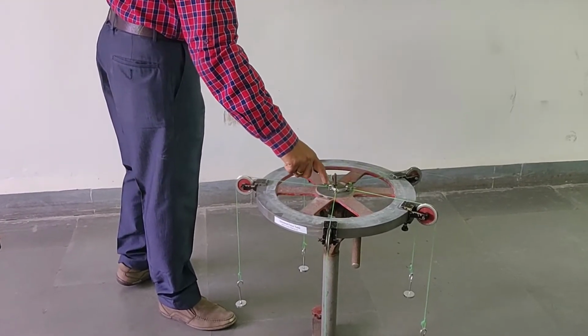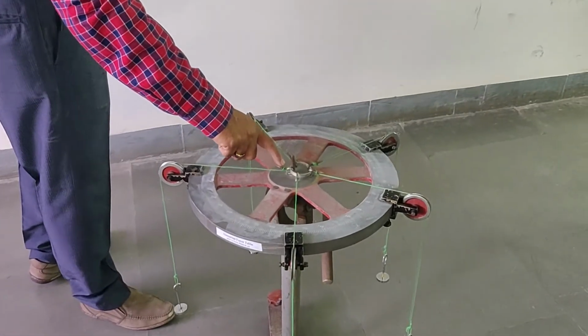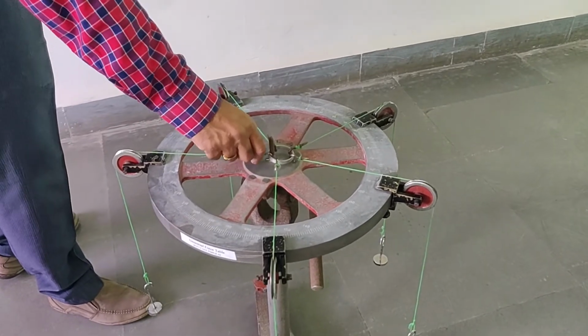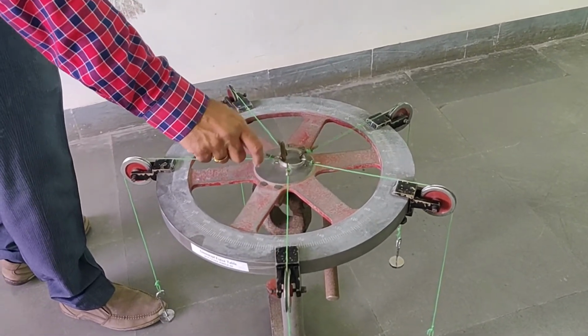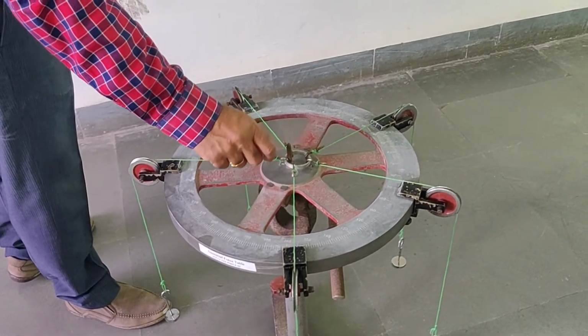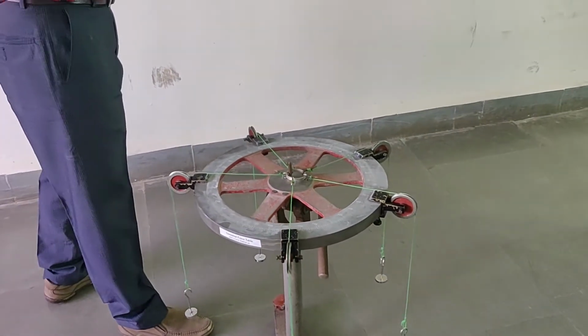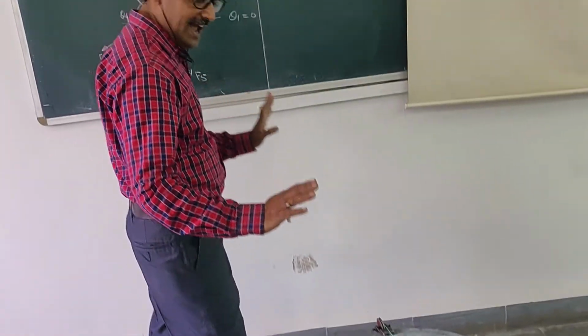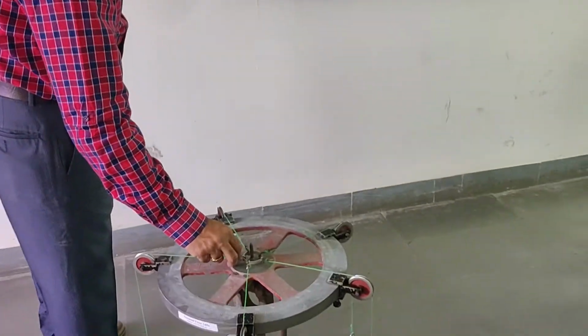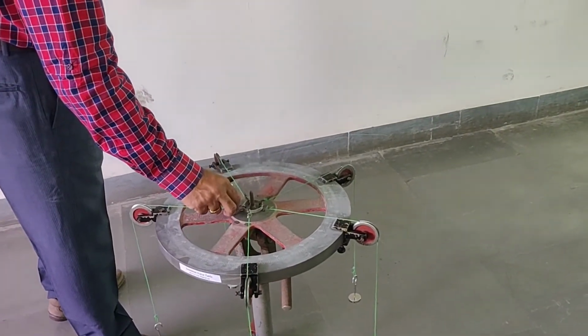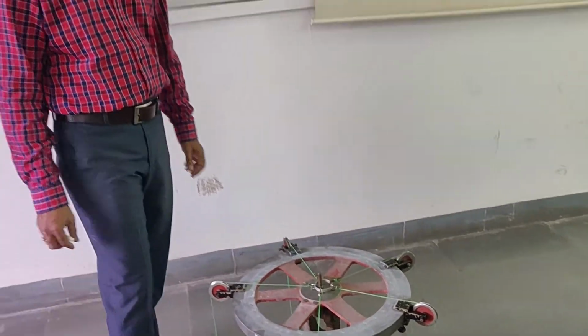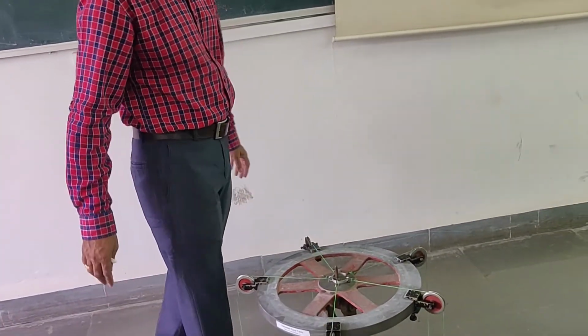Now the ring is touching the center pivot, it is not exactly at the center, and because of that, a reactive force is generated. You have to adjust the forces and angles such that the ring is exactly at the center. Then we can say that it is in equilibrium under the action of these 5 forces.